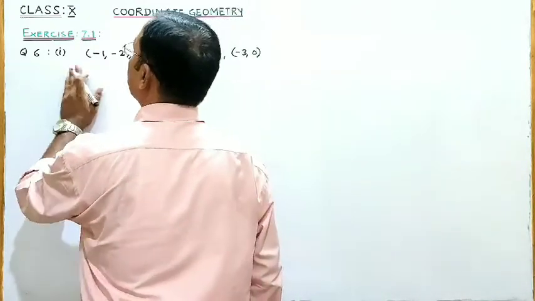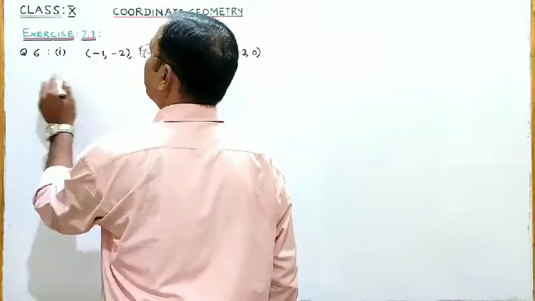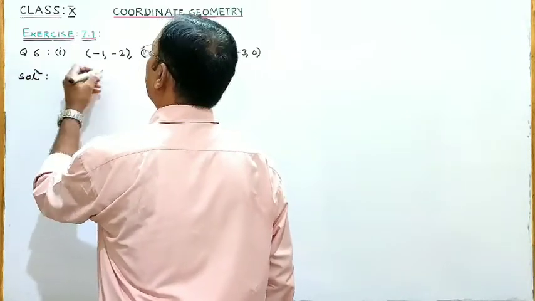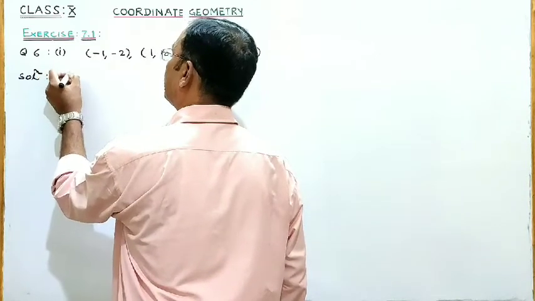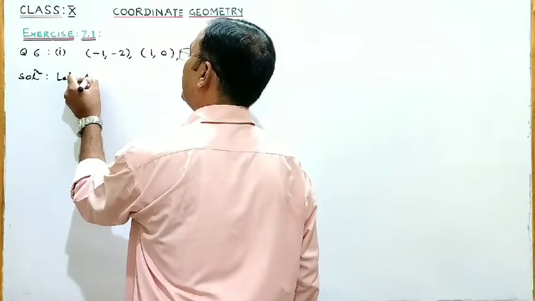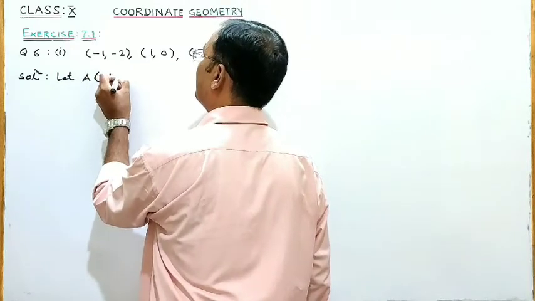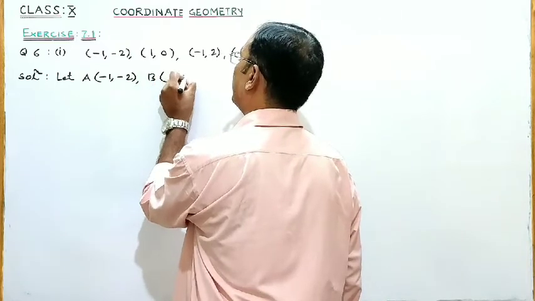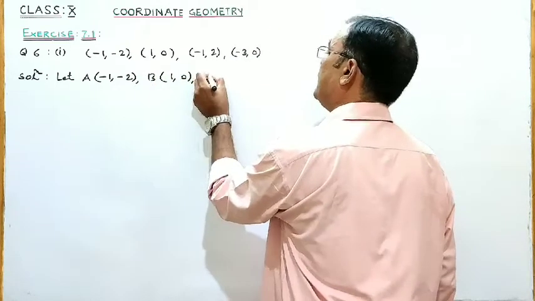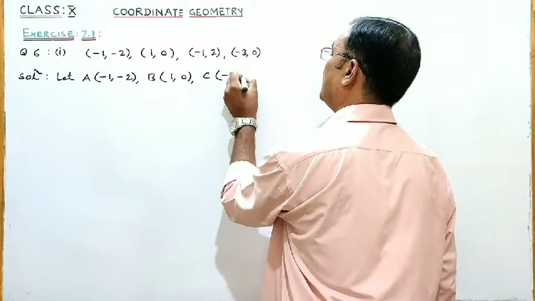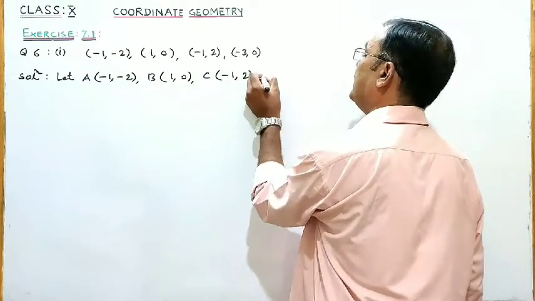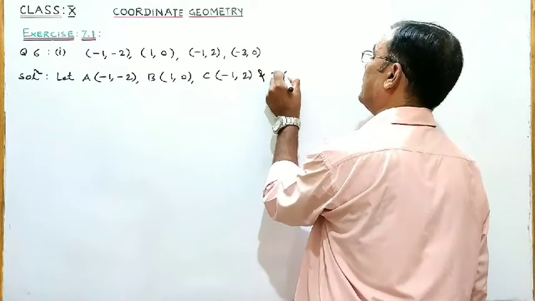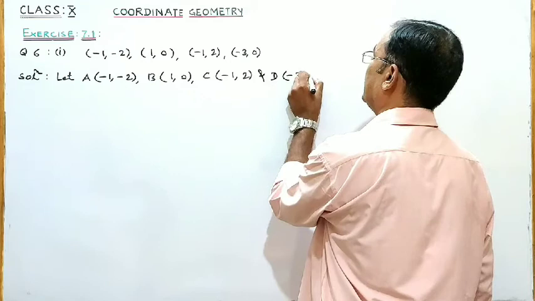So question number 6, first part, 4 points are given like this, and let these 4 points be A minus 1 comma minus 2, B 1 comma 0, C minus 1 comma 2, and D minus 3 comma 0.